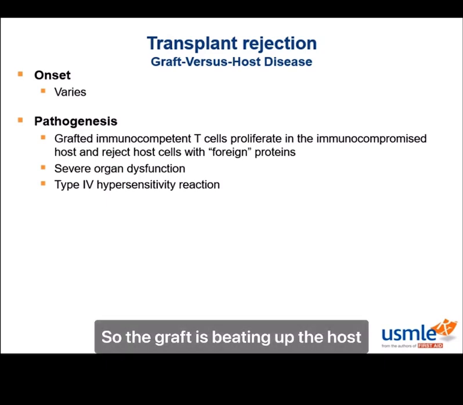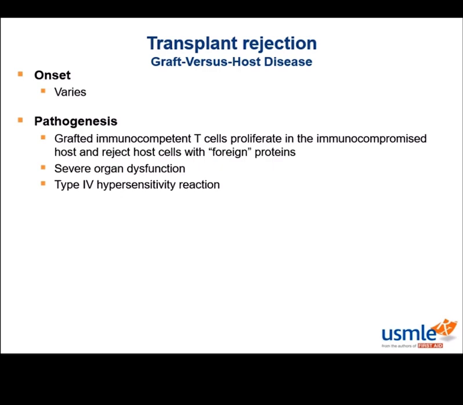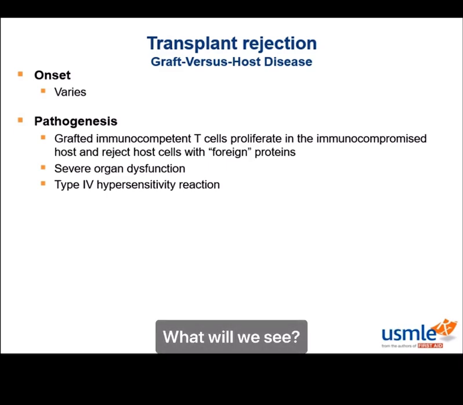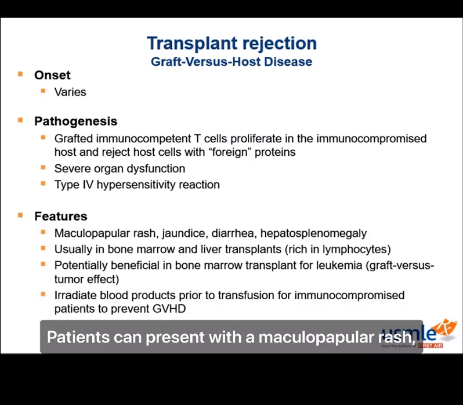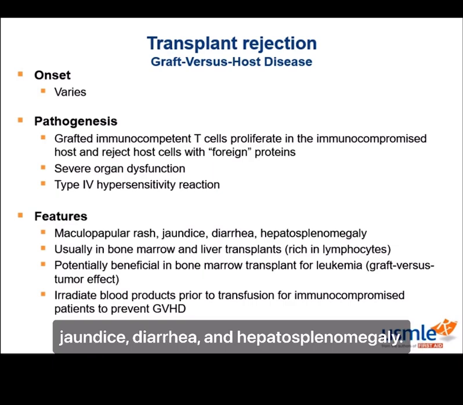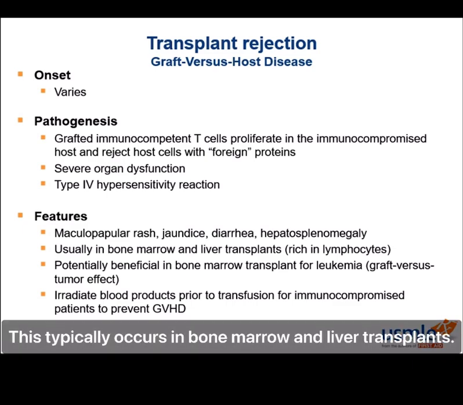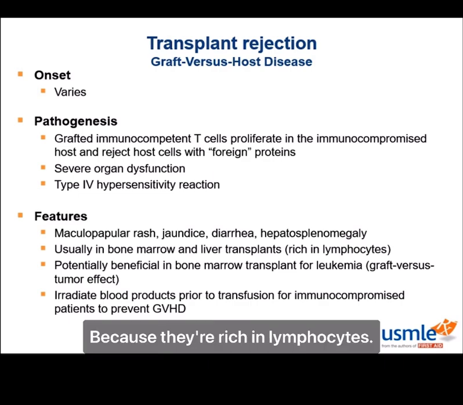So the graft is beating up the host, and it causes severe organ dysfunction. This is a type 4 hypersensitivity reaction. What will we see? Patients can present with a maculopapular rash, jaundice, diarrhea, and hepatosplenomegaly. This typically occurs in bone marrow and liver transplants. Why? Because they're rich in lymphocytes.